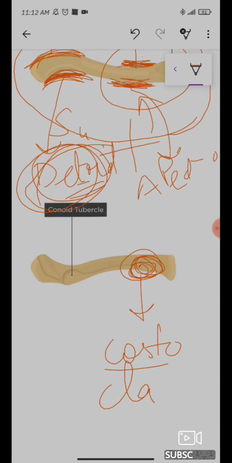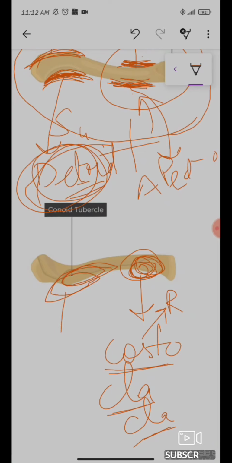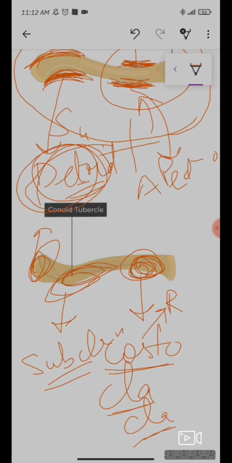Costo means ribs, clavicle means clavicle. This part is the middle part, which gives insertion to the subclavius muscle. This part, trapezoid ridge and conoid tubercle, provides attachment to the coracoclavicular ligament.